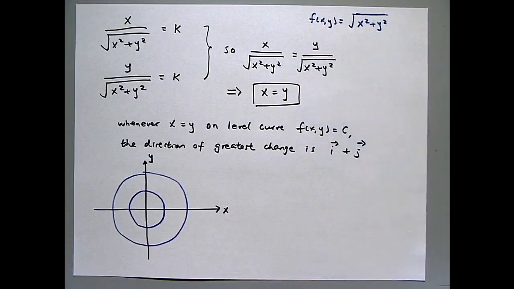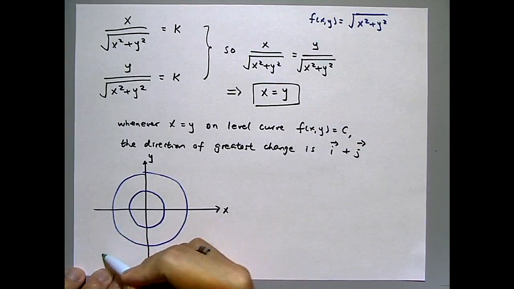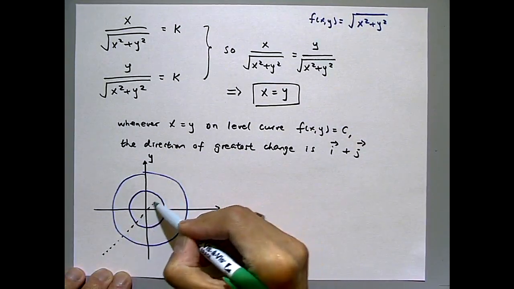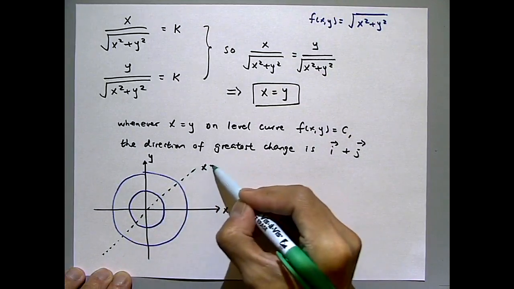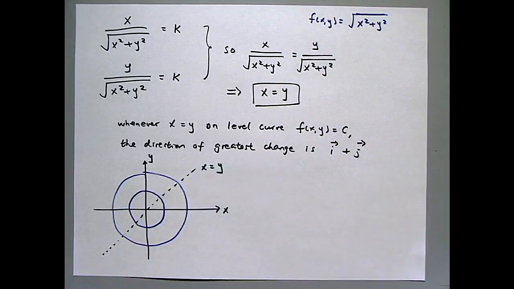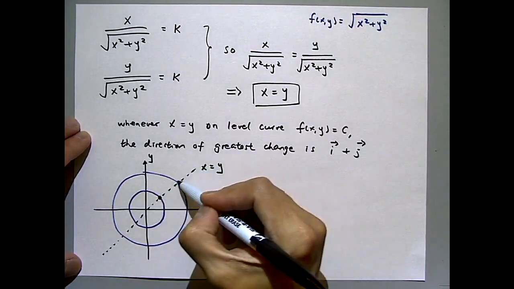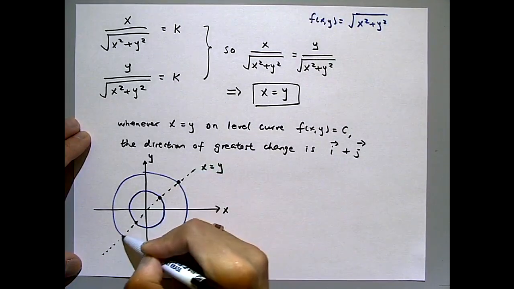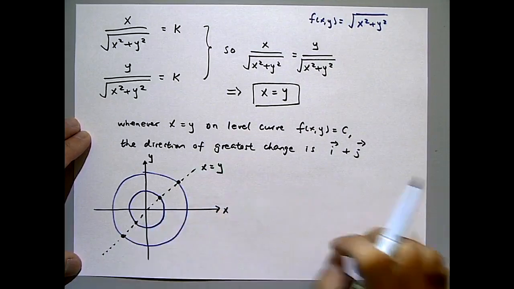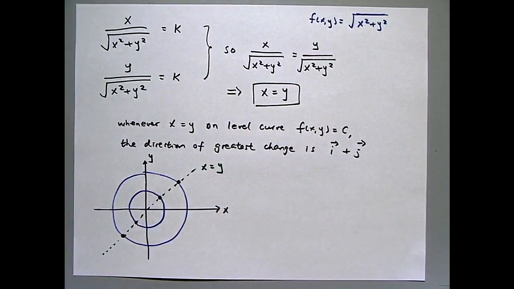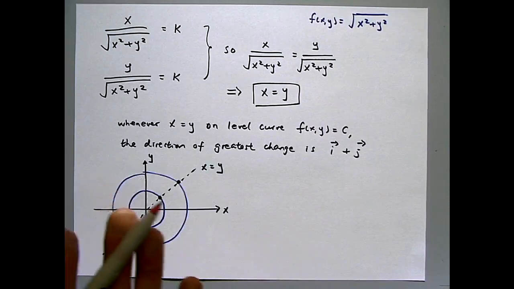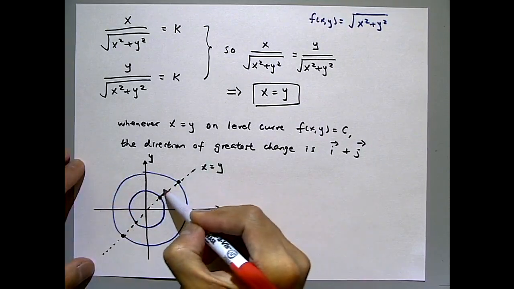x is equal to y describes a straight line like this. And what this means is that on any level curve you can find, whenever x is equal to y, when you're standing at that point on that level curve, if you want to have the greatest change in the value of the height, you will want to go in the direction of i plus j.